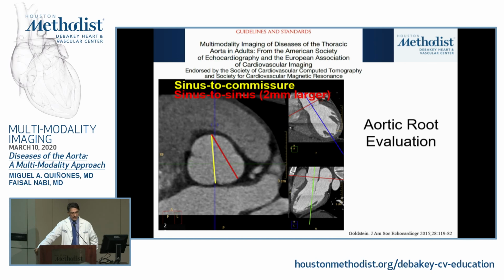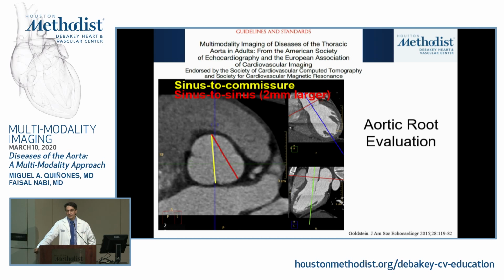Now, this was followed in 2015 by another update, a multimodality imaging update of the aorta, this time from the ASE and the European Association of Cardiovascular Imaging. And this was also endorsed by SCCT and SCMR.